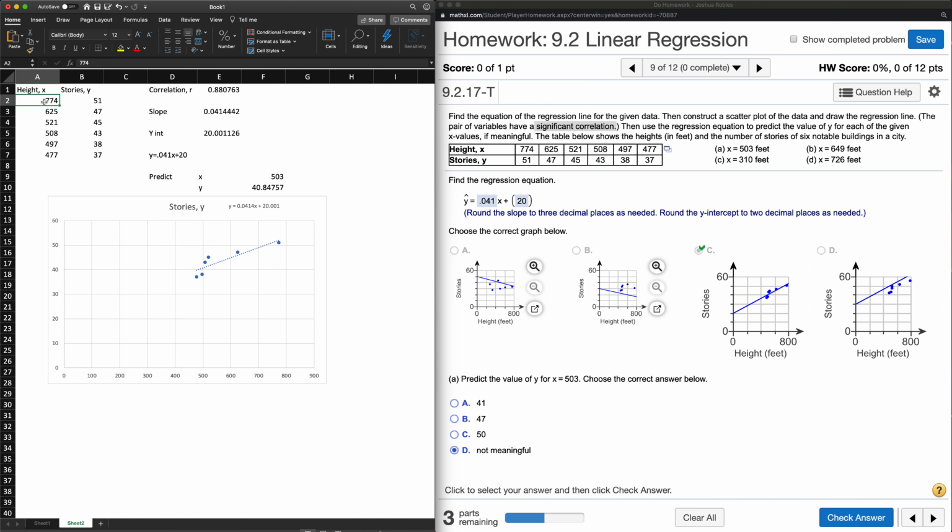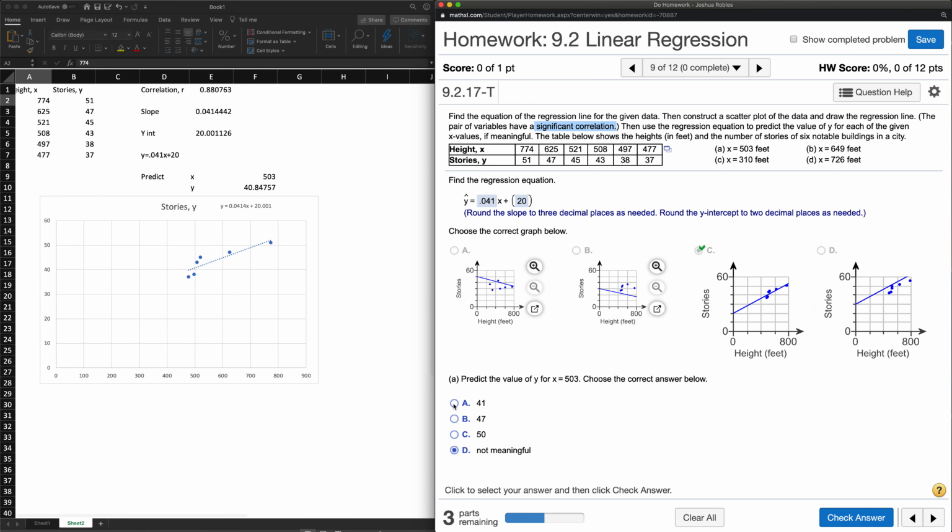If I were to predict maybe 780, that might be acceptable, but we'd have to be careful. Something like 900 is definitely outside the range. So this is inside the range. 503 feet is within our range of x values from about 470 to 770.